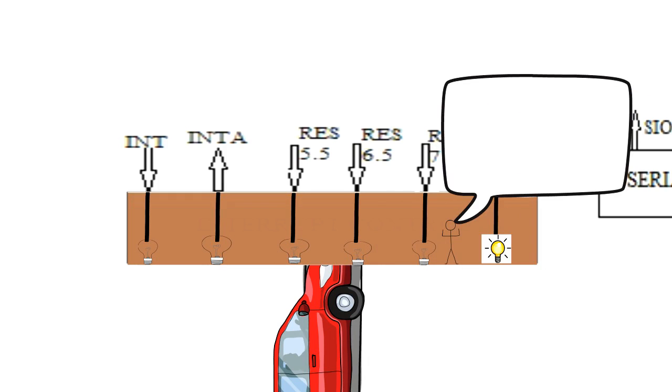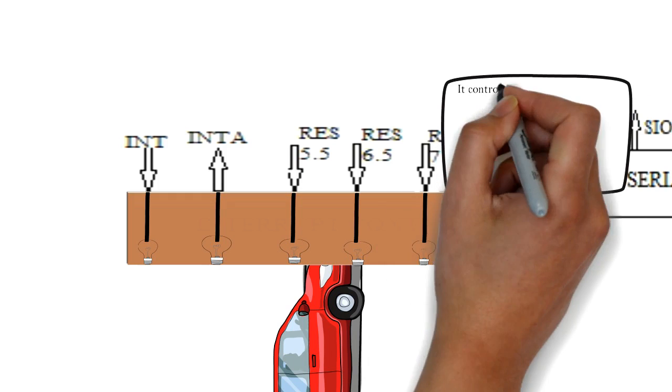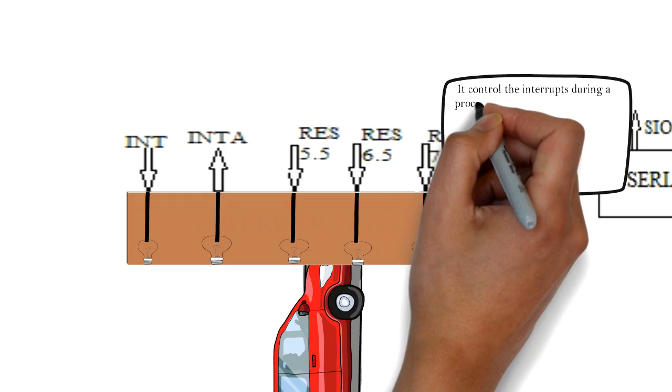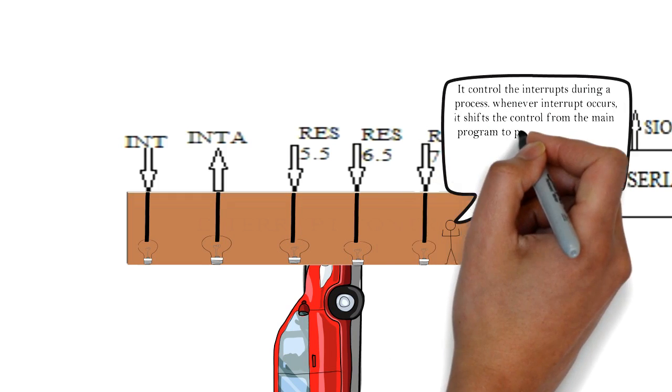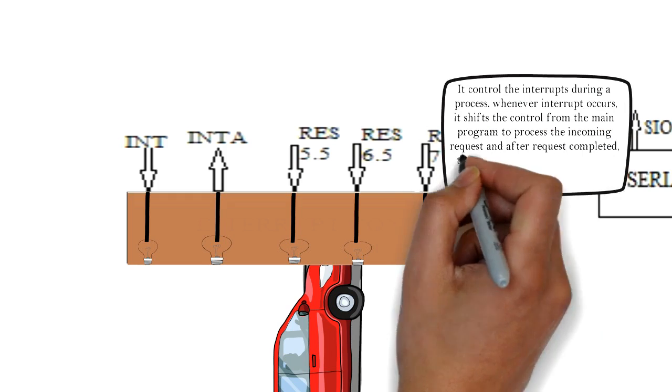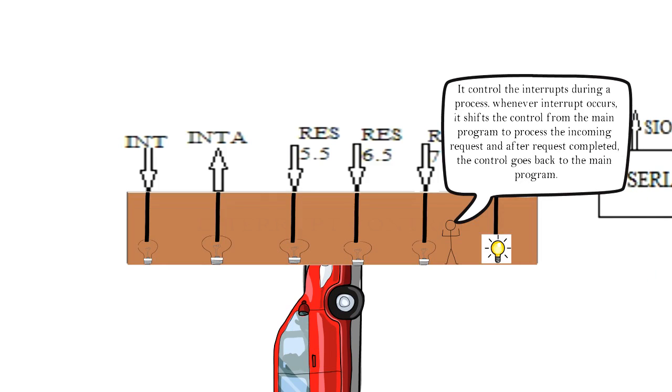It controls the interrupts during a process, and whenever an interrupt occurs, it shifts the control from the main program to the incoming request. And after the request is completed, the control goes back to the main program.